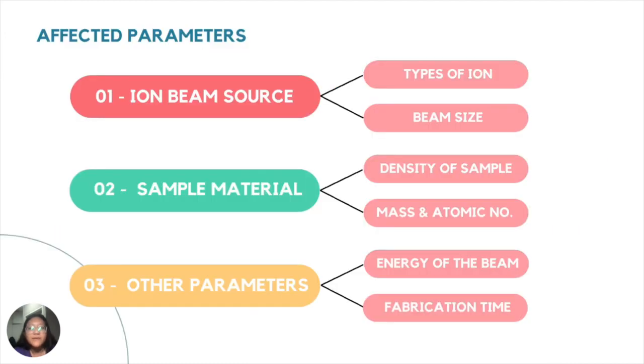For the affected parameters, firstly, on the ion beam source, both the type of ions and the beam size have a huge effect on the fabrication process and results. Different types of ion beam source affect the penetration depth and resolution of the result. The penetration depth is due to the mass of the ion beam source you selected. If it is a small mass like helium, the wavelength will be higher and there will be a large penetration depth and a lot of electron scattering, which causes lower resolution.